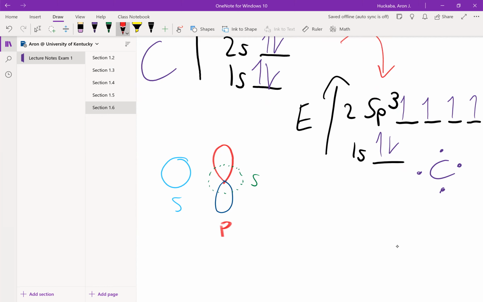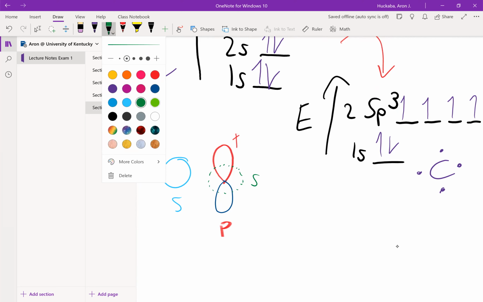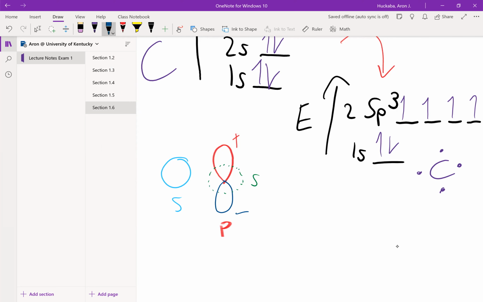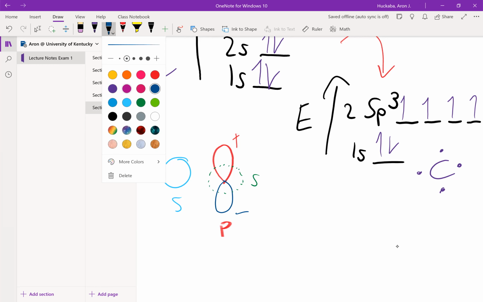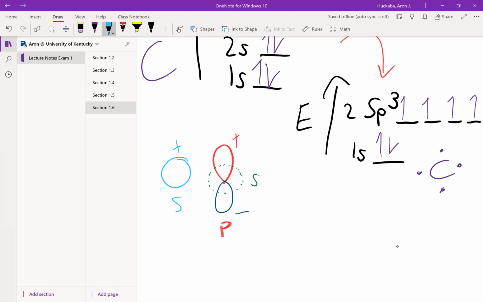Something that we didn't talk about is that the s orbital is all either positive or negative. There's no in between like in the p orbital. Because remember, in the p orbital, one side has to be positive and the other side has to be negative. It doesn't really matter which is which, but one has to be one and one has to be the other. Whereas in the s orbital, it's either positive or negative.